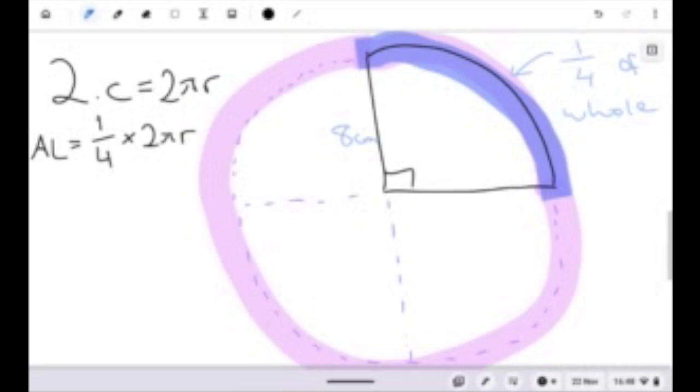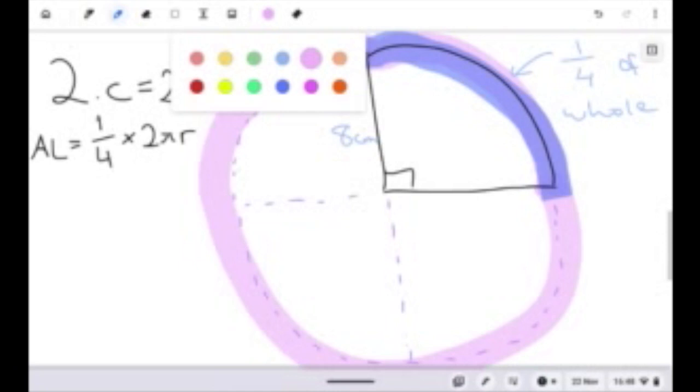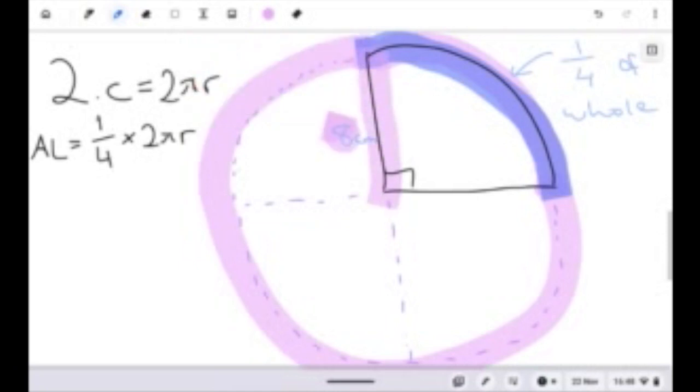And now all I need to do is substitute in my values. Well, I have 8 here. And what's that? That's my radius. It stretches from the middle to an outer bit on the border of the circle. So I'm going to substitute that into my radius here. And I get left with a quarter times 2 times pi times 8 centimeters.